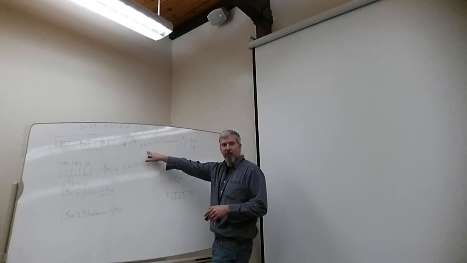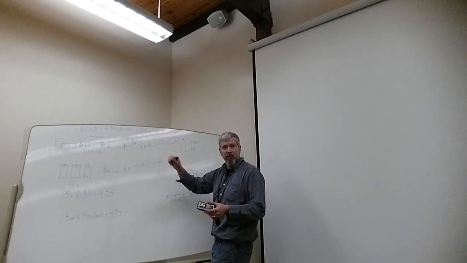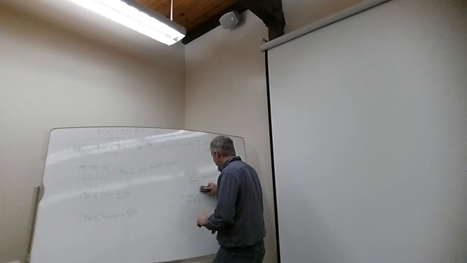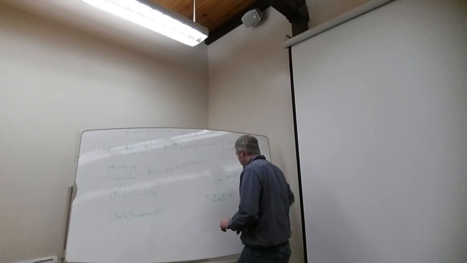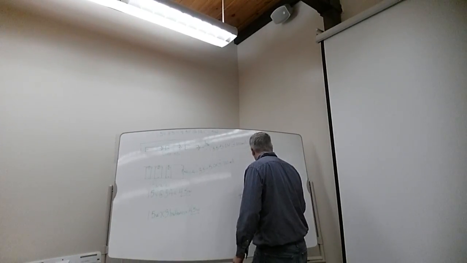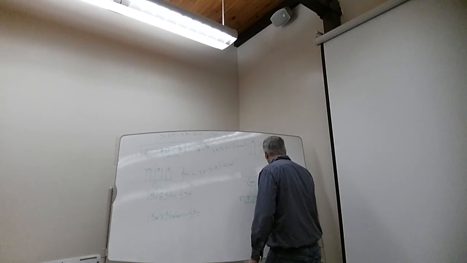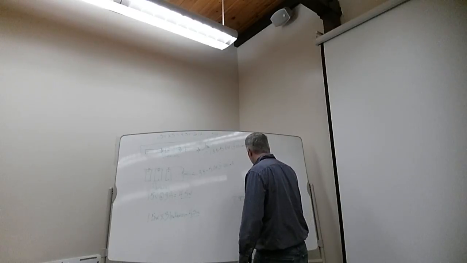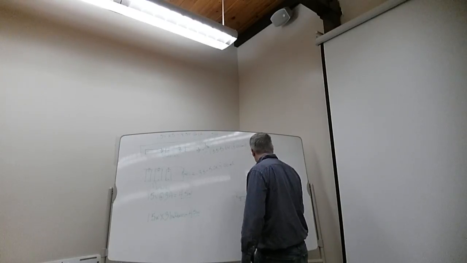If it runs at 3.5, we'd need 7 volts to make that work. So we only have 4.5, so we'd have to stick these in parallel. That makes sense? So this would go over here. I'm gonna have another light bulb, go like this, and then this would go over here like that.